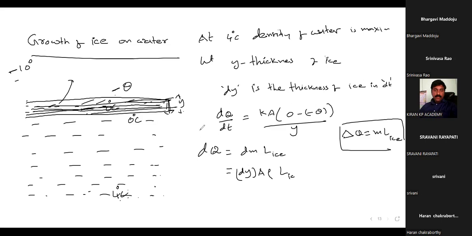Now we get A into dy into rho into L divided by dt is equal to k into A into 0 minus theta, which becomes theta.